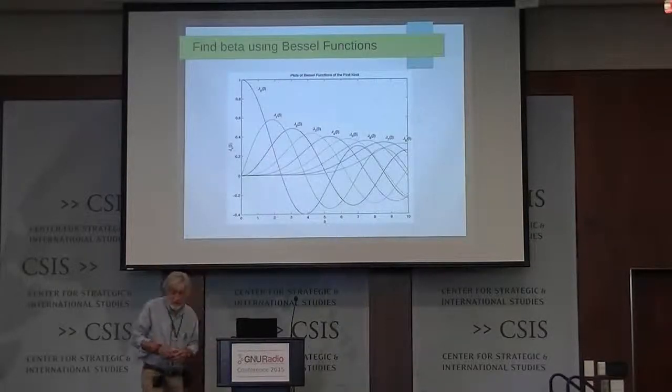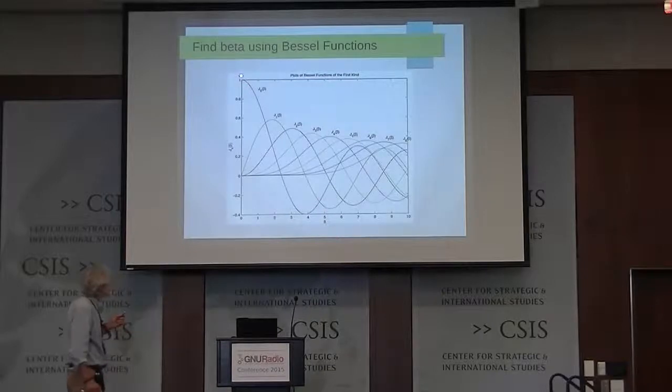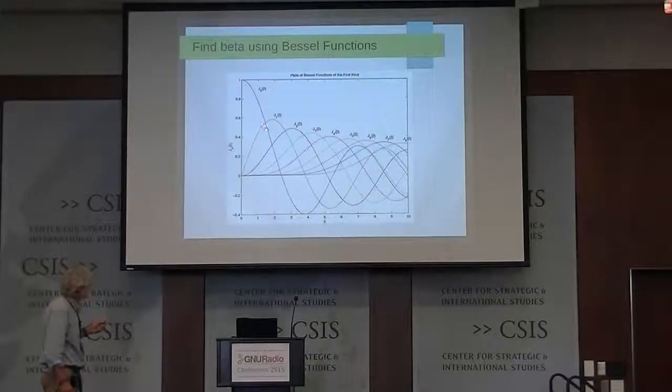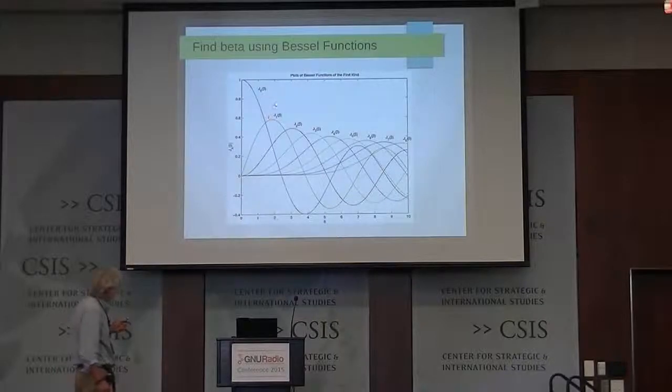We use then the Bessel functions, and we take a look. Here's the Bessel function with index 0, that's the DC component. So that one was high. Then the J1, that's the one at the first sideband, that one was small. So it's either here small or over here small.